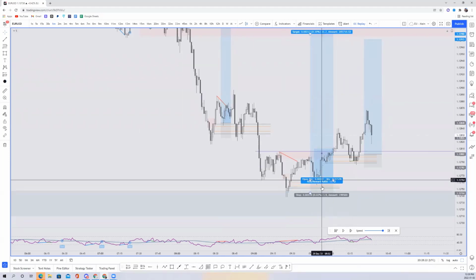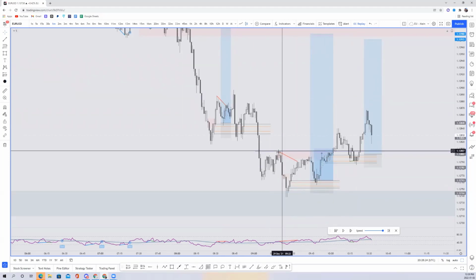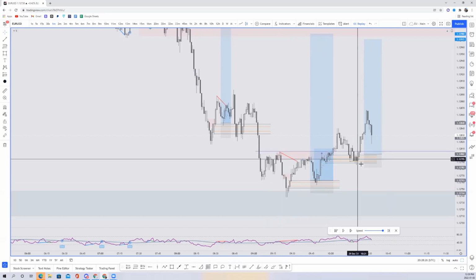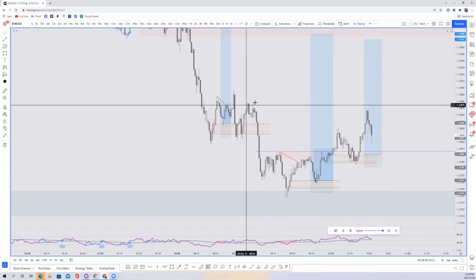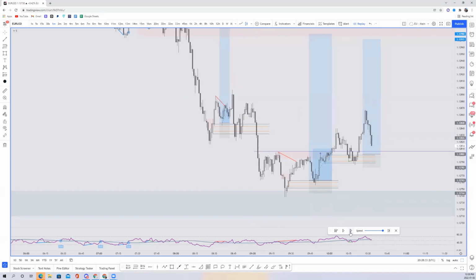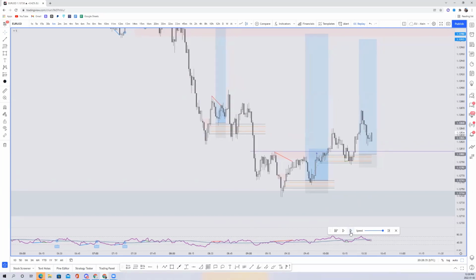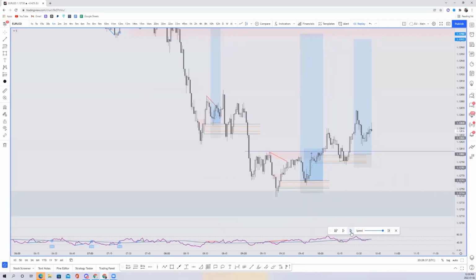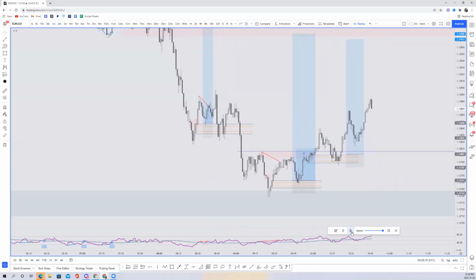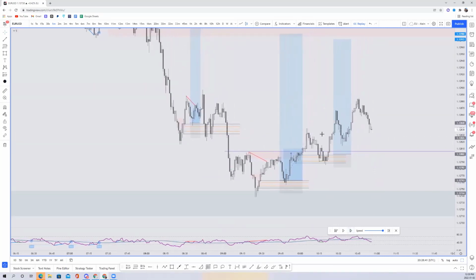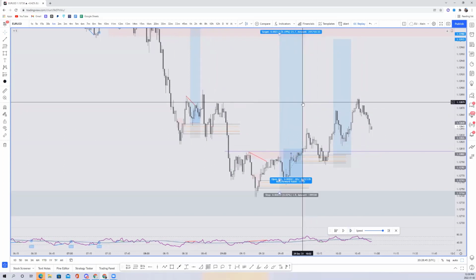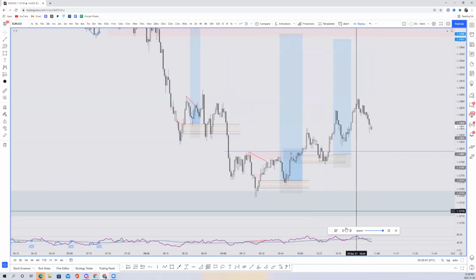This guy too here, I think I'd break even on this once we took this high. This guy here, I want to see this high go, and then we can break even on it as well. So has it gone? Yeah, that one's gone. So we can break even on that.